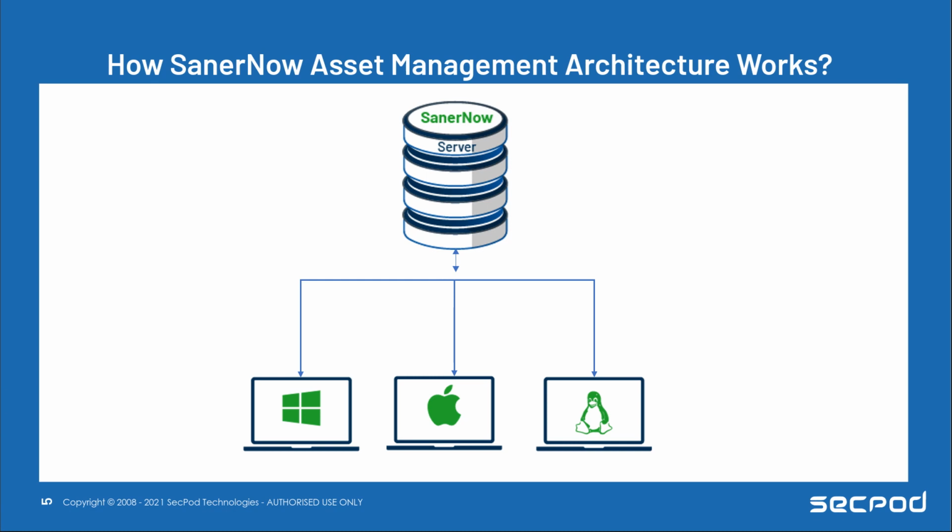We support both. The agent scans the endpoints, detects the IT asset details and posts the data to the server. Once the data is posted to the server, we can see it in the viewer. In SaneNow's centralized dashboard, you can view all the assets and manage them according to the requirement. This is how asset management architecture works in SaneNow.